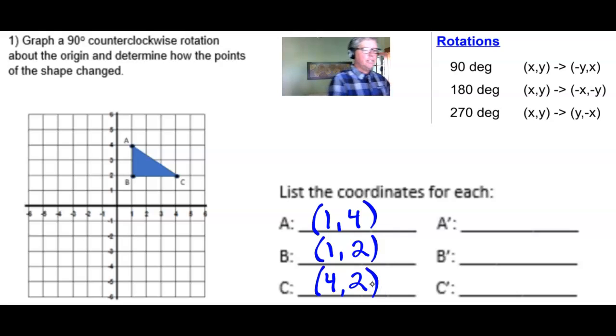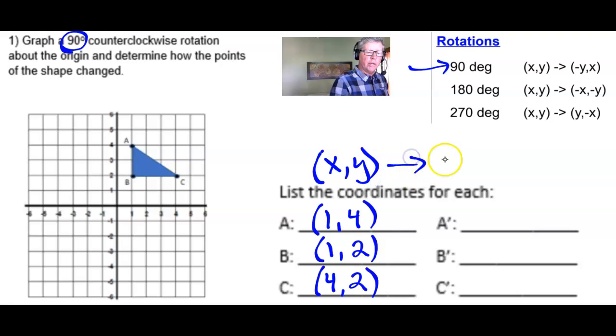All right, this is a 90 degree. So when I use my reference sheet, I'm looking at my 90, and I think it's a good idea to just write the rule down. So it says take any point and do this to the point. Change it to opposite of y, x.